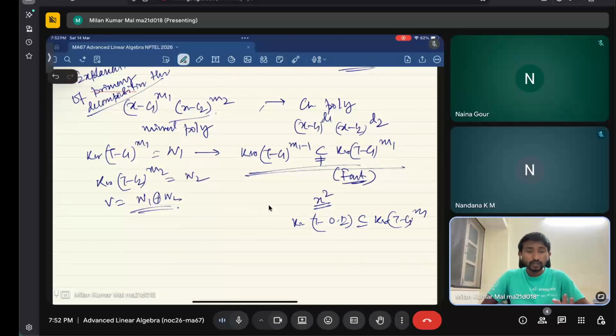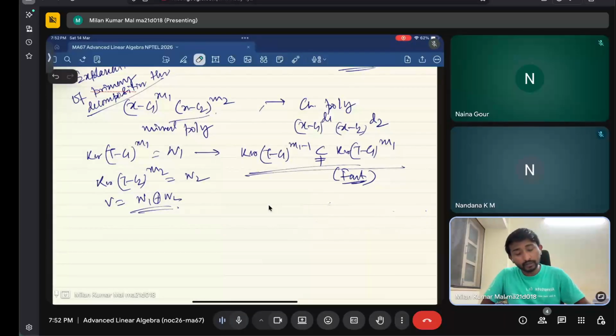So then it will be done. There is a background theory, but I don't want to mention why that background theory came here. So this is the fact from the primary decomposition theorem. After that, the kernel of T minus c1 to the power k, where k is greater than or equal to m1, will be the same.